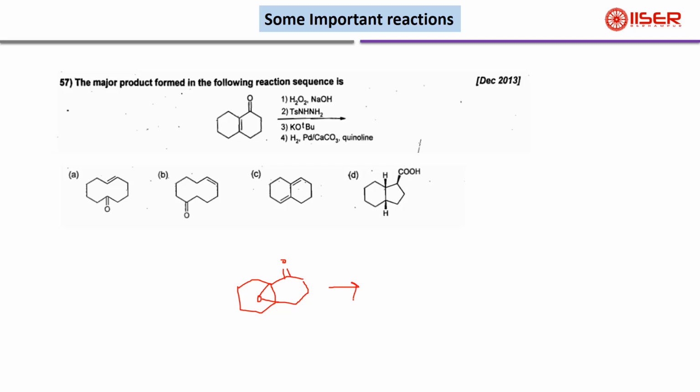If it undergoes a Wacker-type oxidation reaction, we form a keto group here and a triple bond at this position.